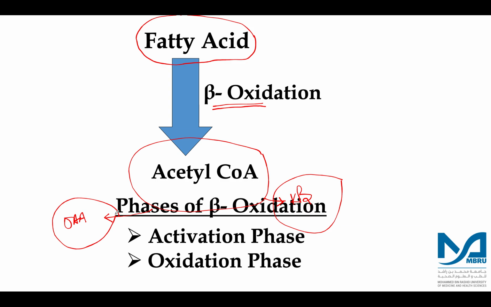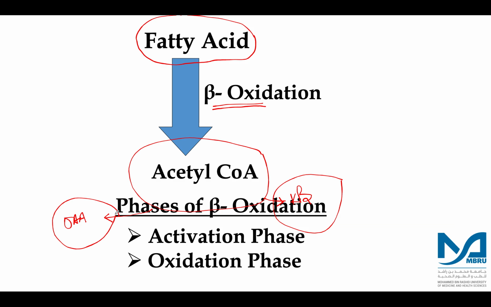Now we come to the different phases of beta oxidation. Of course, remember in the textbook or in other material you will not find this classification of beta oxidation into 2 phases. But I like to teach it in 2 phases because it is easy to understand and comprehend the process of beta oxidation.